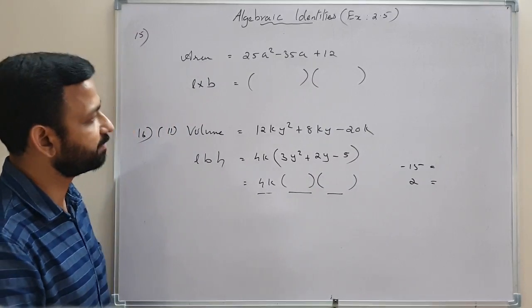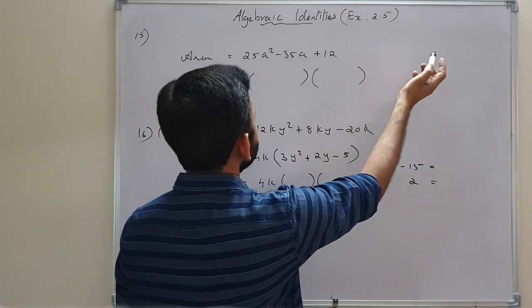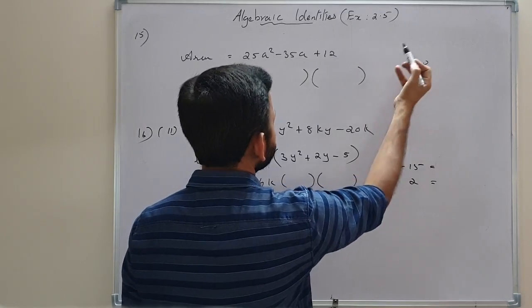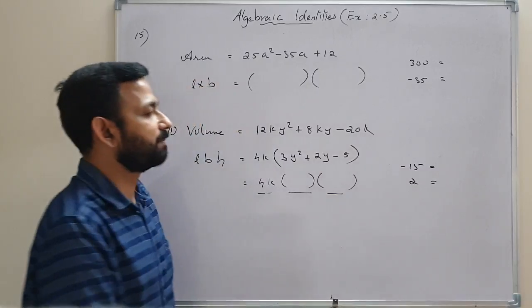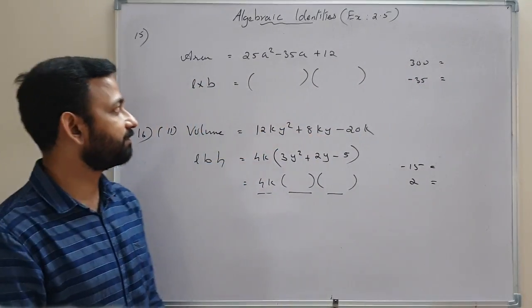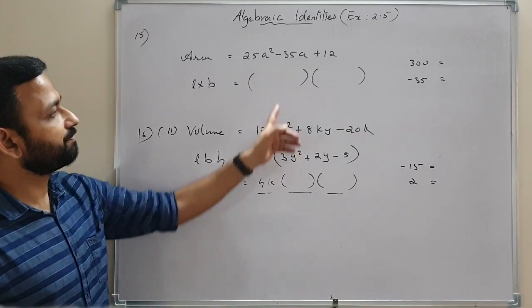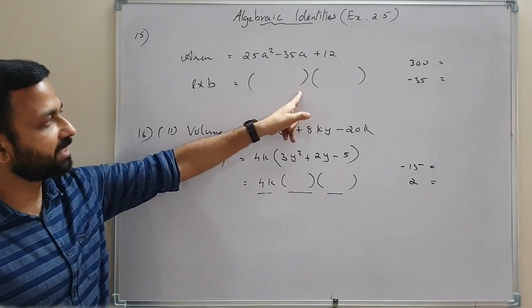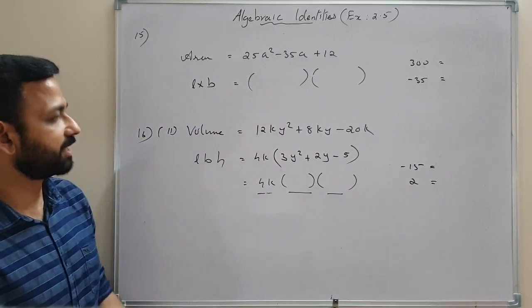And similarly here, 25 into 12 gives 300, and the middle term is minus 35. So we have to find two numbers whose product is 300 and whose sum is minus 35. Then we can separate the middle term, and we will get a product of two factors.